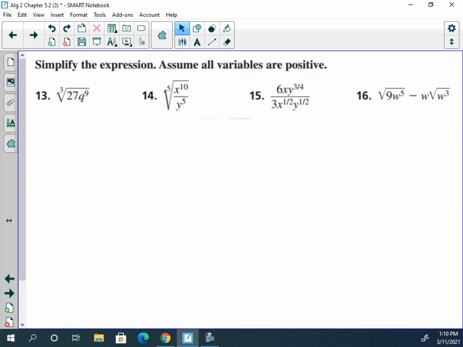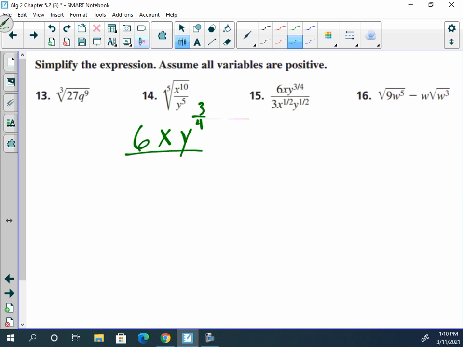Okay, I'm going to erase that so I have a little bit more room. We have 6xy to the 3/4 over 3x to the 1/2 y to the 1/2. So let's just go from left to right, starting off with 6 over 3. Well, 6 divided by 3 is 2.